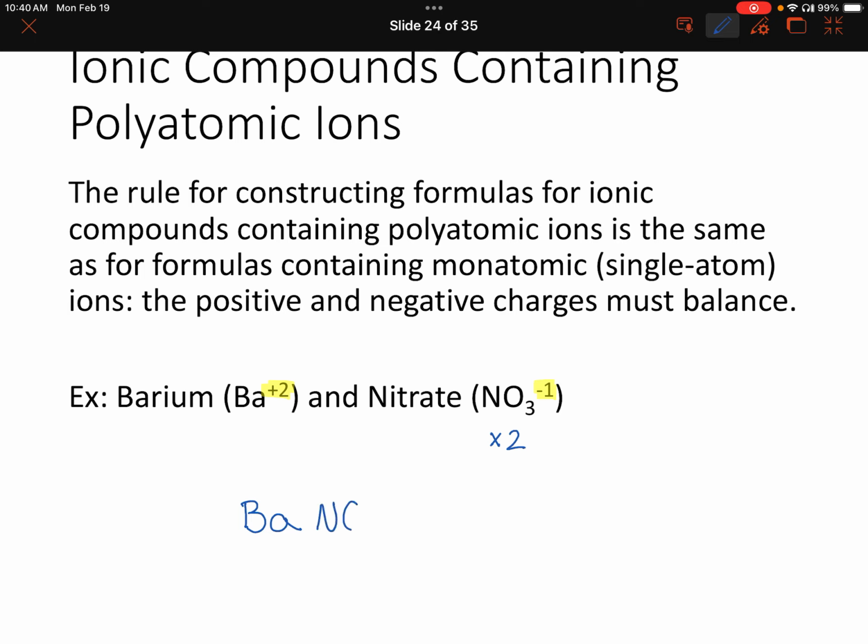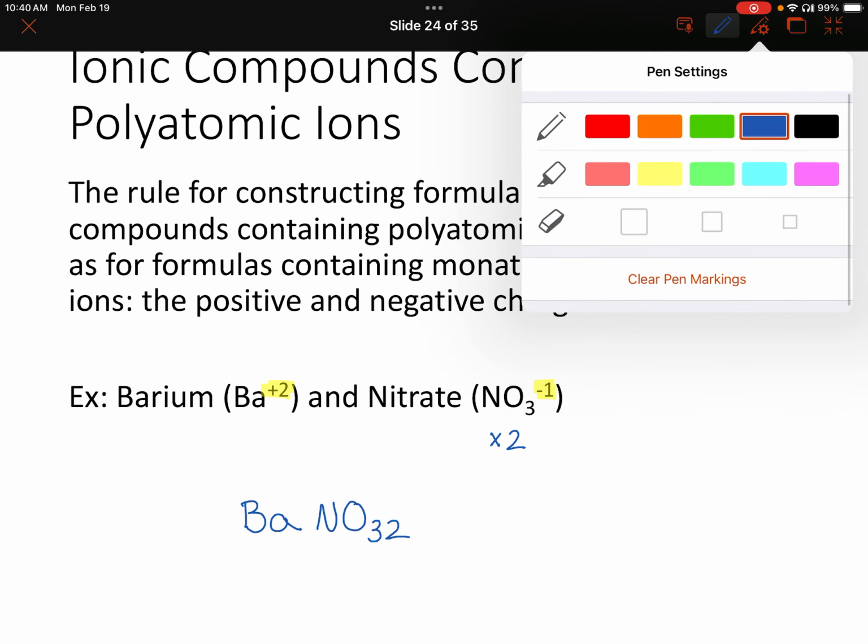But NO3, we have 2 of those. But if we write a subscript 2 next to NO3, it looks like we have 32 oxygens, which is not the case, right? So how can we make sure we don't confuse anyone?